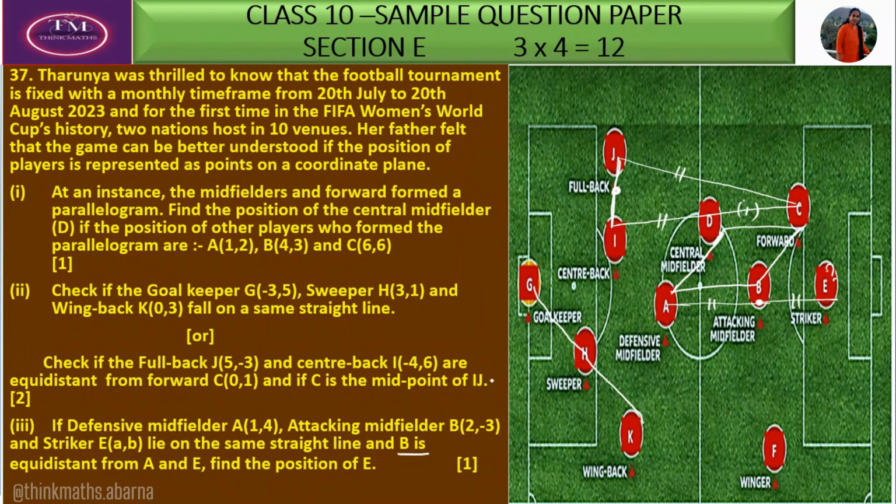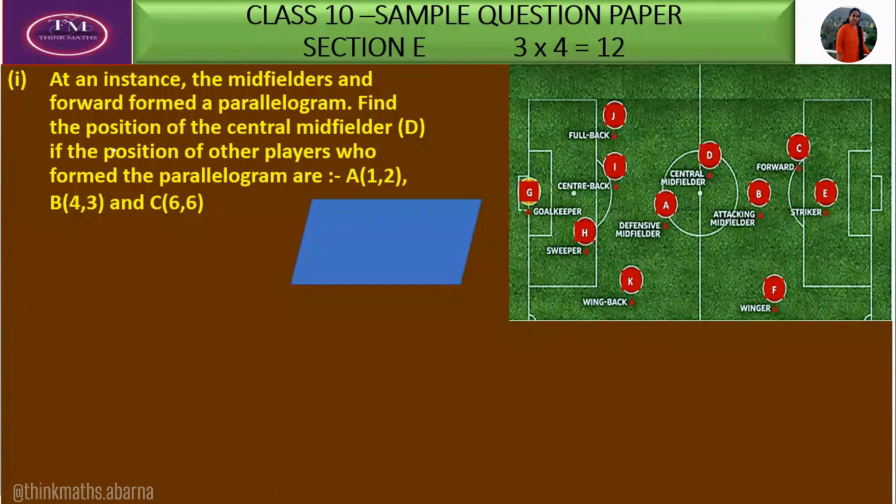So moving on to the solved part. First part: at an instance, the midfielders and forward form a parallelogram. We have to find out the position of D. So this is the parallelogram formed with A, B, C, D. For the first part, we have to find out the position of D. So here A is 1, comma 2 and B is 4, comma 3.